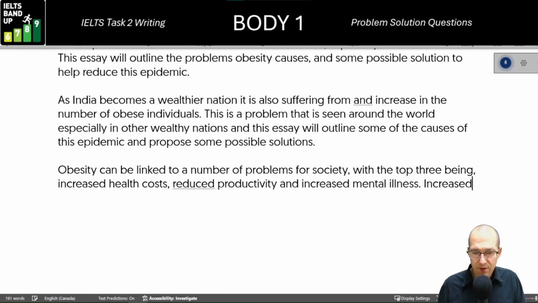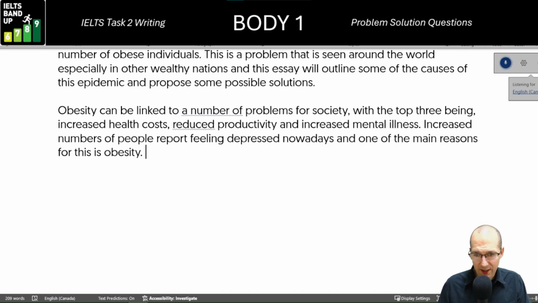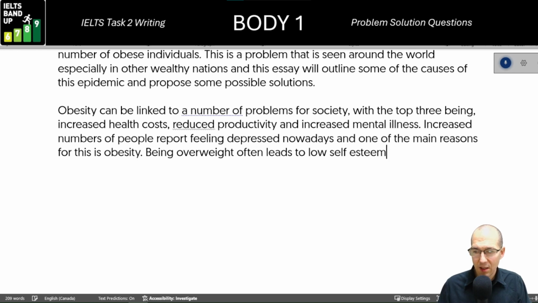numbers of people report feeling depressed nowadays. And one of the main reasons for this is obesity. Being overweight often leads to low self-esteem, and this is harmful to the overall happiness of a society, period.